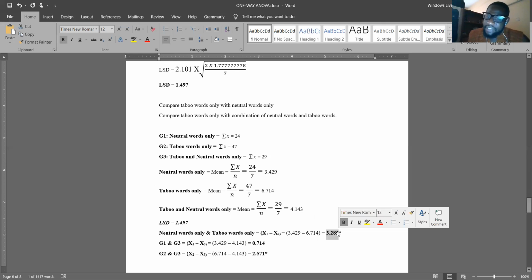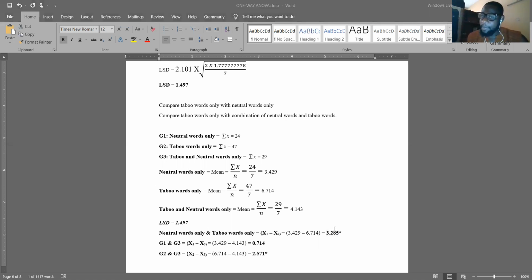This difference that we found, we will compare it with the LSD. So for us to say that this mean difference, which is 3.285, is significant, as I indicated, it should be equal to or greater than the LSD value.